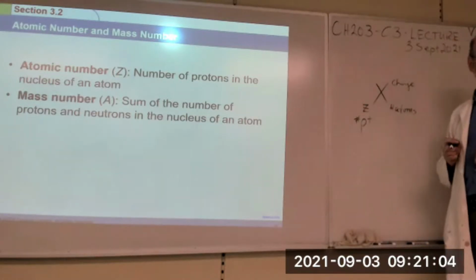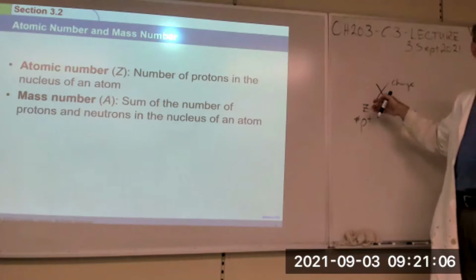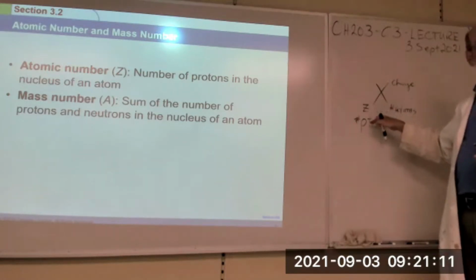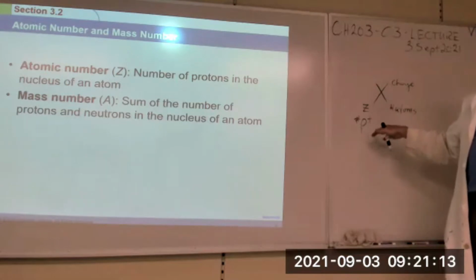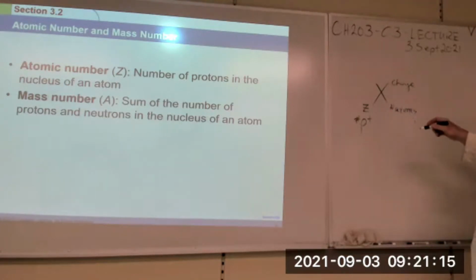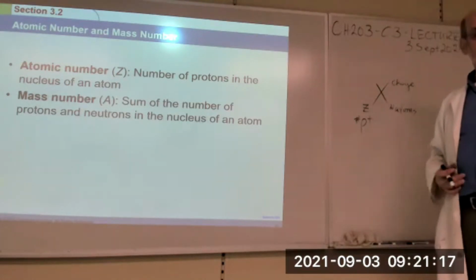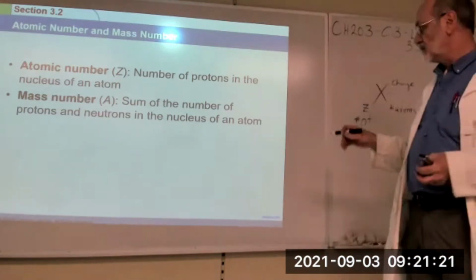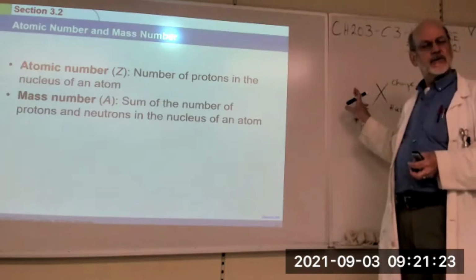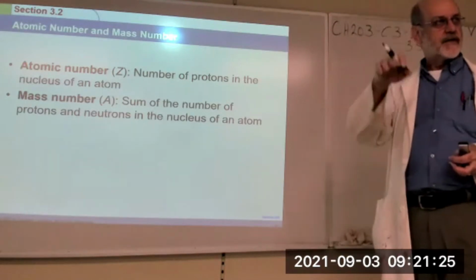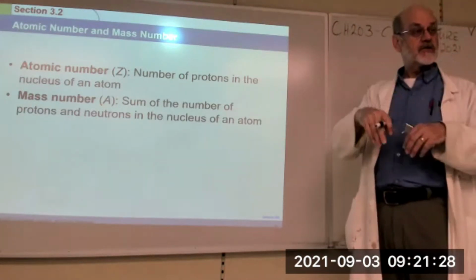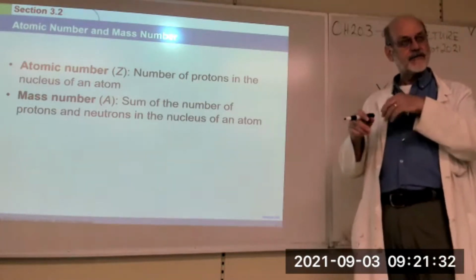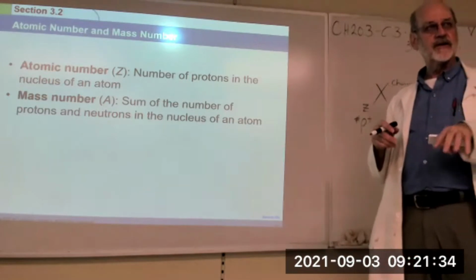Originally, the atomic number had nothing to do with protons. A young chemist by the name of Moseley, an English chemist, was working with metals in particular, and he was firing X-rays at them, and he was measuring the wavelength of the light that emitted from the element after he bombarded them with X-rays.